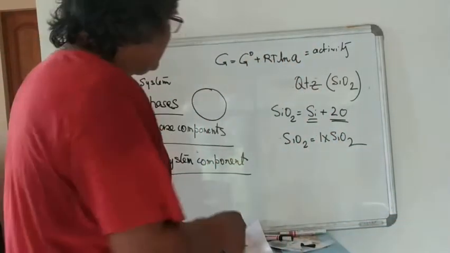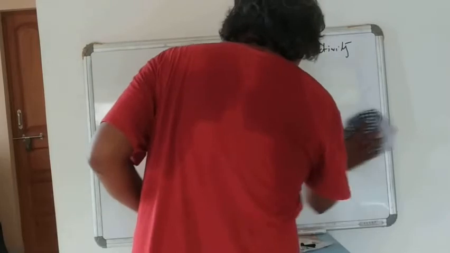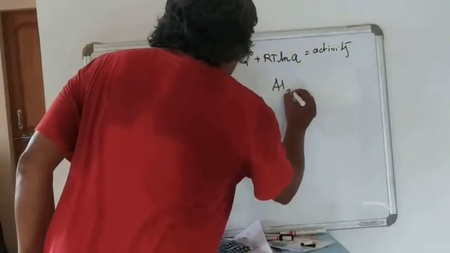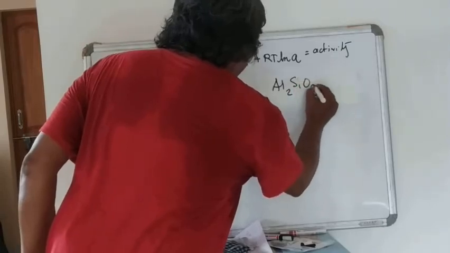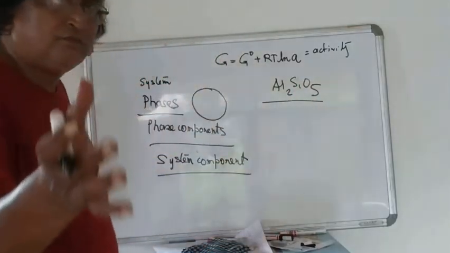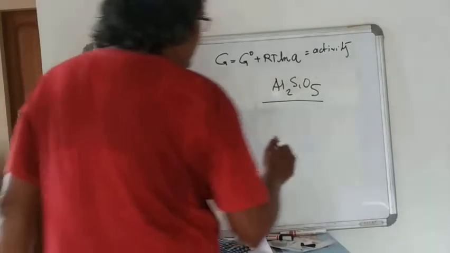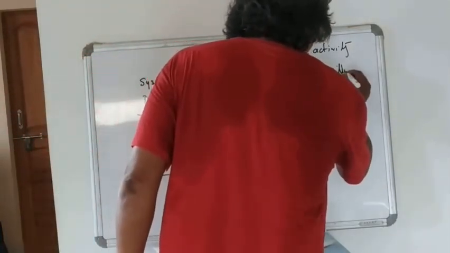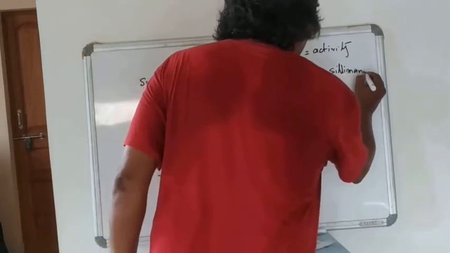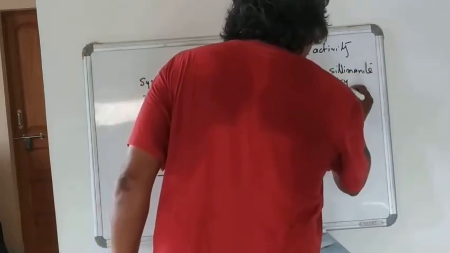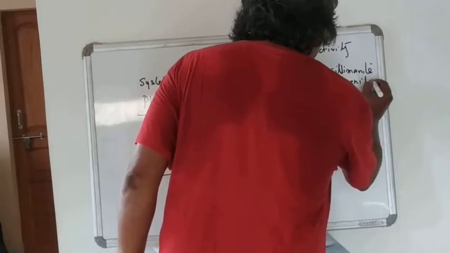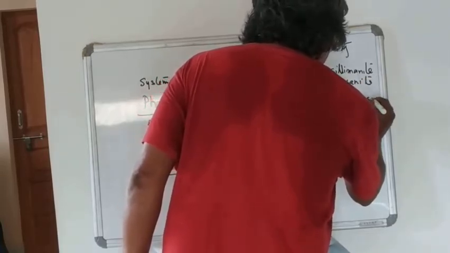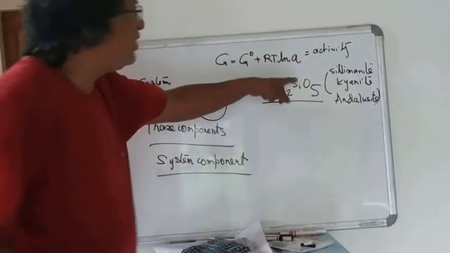Let's go to another example. Let's say there is a mineral Al2SiO5. Say, for example, there are three minerals: sillimanite, kyanite, and andalusite, having the same composition.